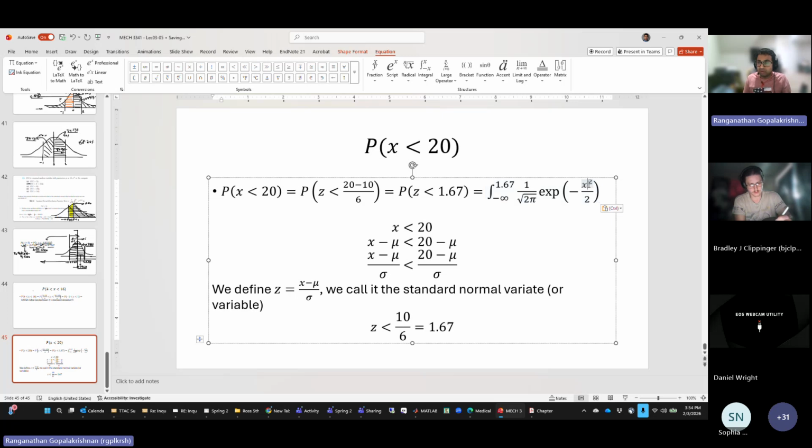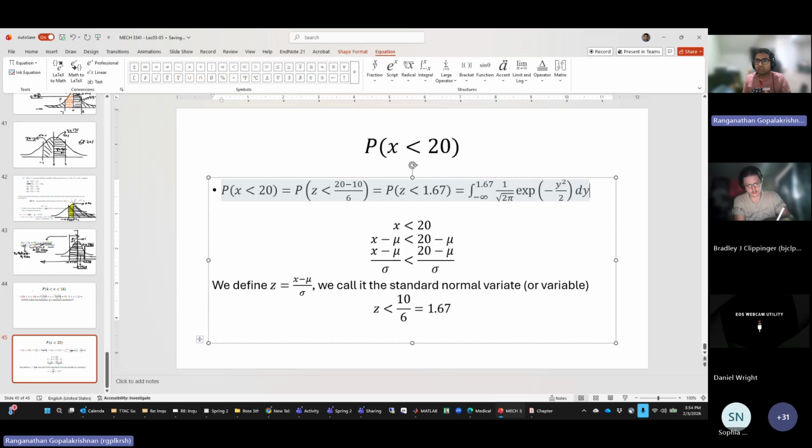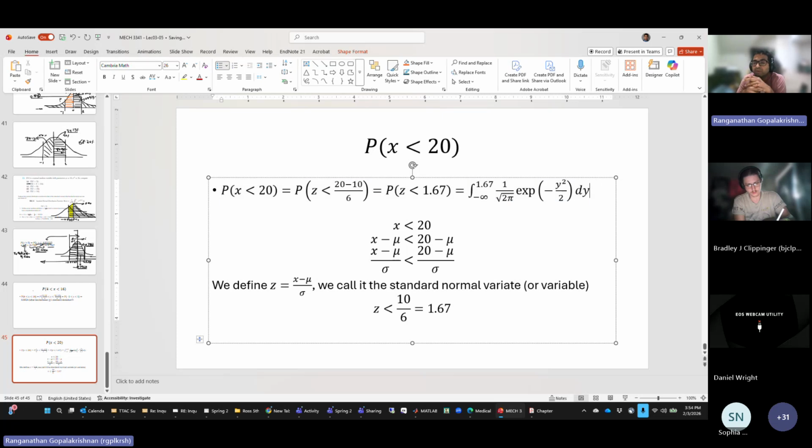I can give it a variable y or x or anything. So that is like asking what is the integral from minus infinity to 1.67 of 1 over square root of 2 pi, exponent of minus y squared by 2, dy. How do you figure out this?